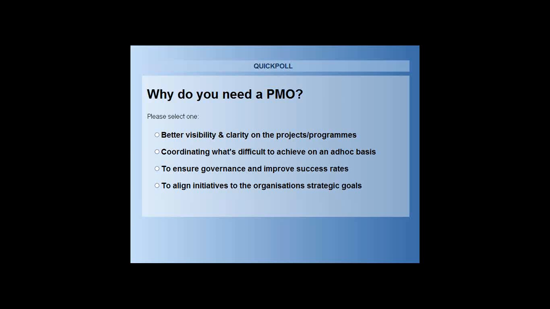This is what we've seen as the number one reason why PMOs were established. An exec level person or people would like to have visibility of what's going on in the organization. There are projects consuming resources, be it people's time or actual money, as in hiring contractors and capital expenditure and the rest of it.